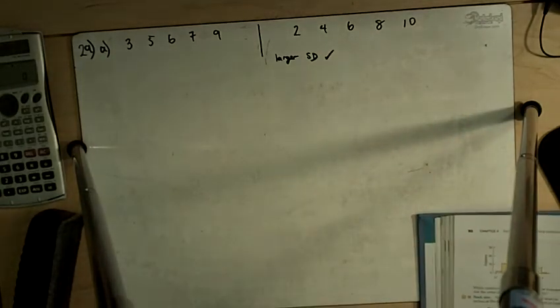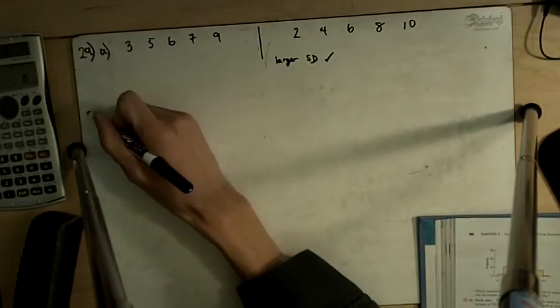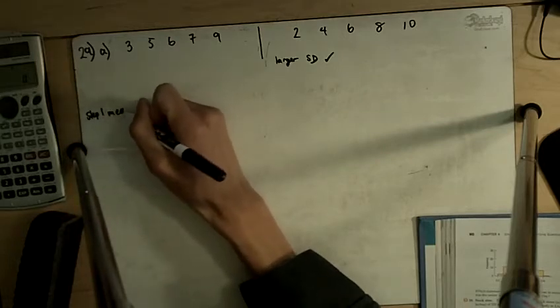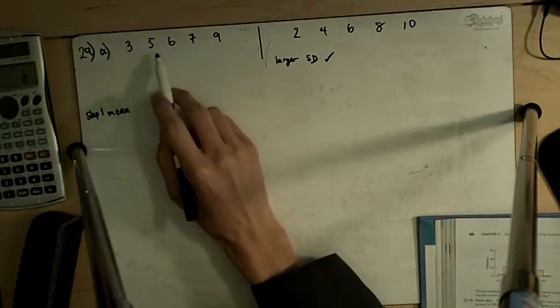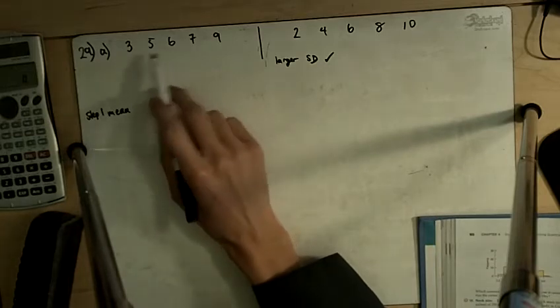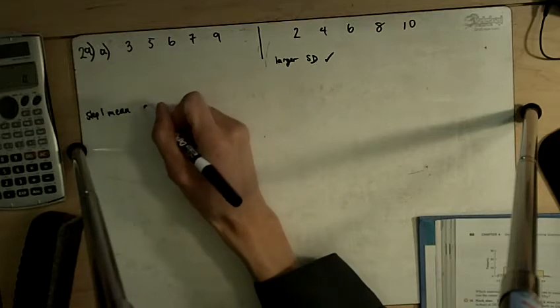Now it says to find the standard deviation by hand. So again, step 1 is find the mean. So 3 plus 5 plus 6 plus 7 plus 9. When you add all of these up, 8 plus 6 is 14, plus 7 is 21, plus 9 is 30.